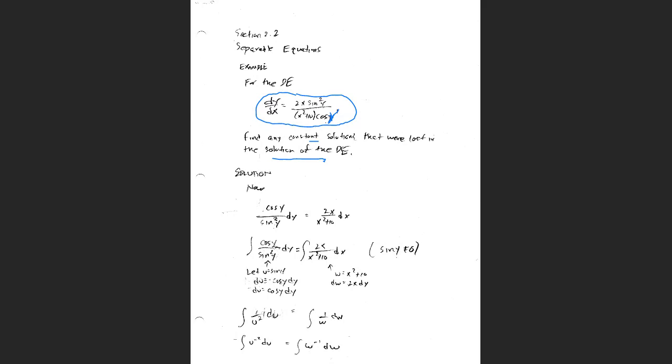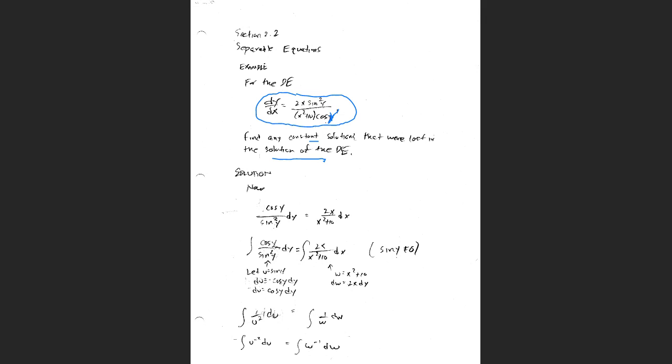Okay, so again, this problem that we're looking at relates to the last homework question you had in the last assignment for section 2.2. In that problem, you had to show that an implicit solution of a differential equation was given by the log of x squared plus 10 plus the cosecant of y equals a constant. And you were able to show that.